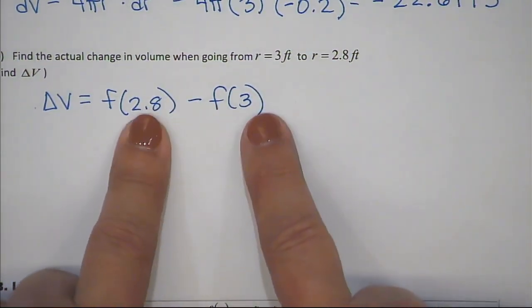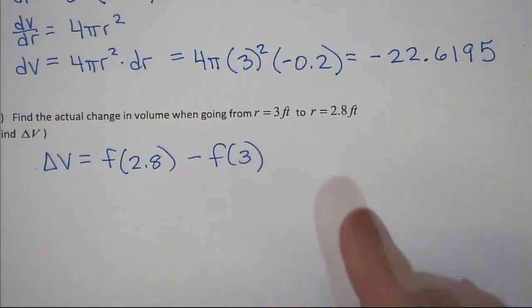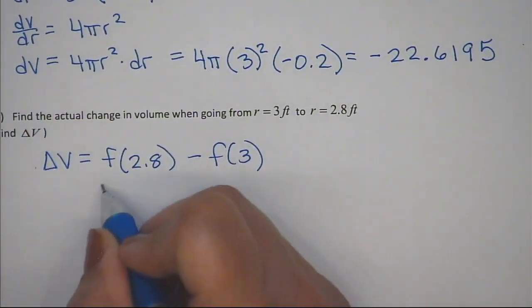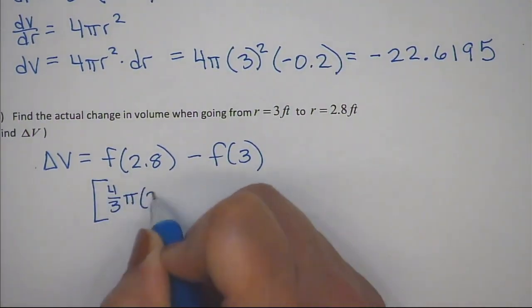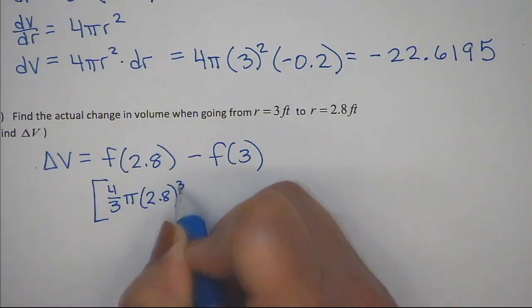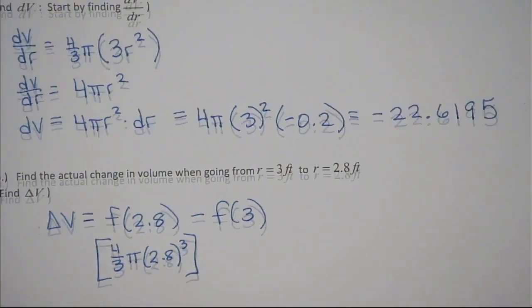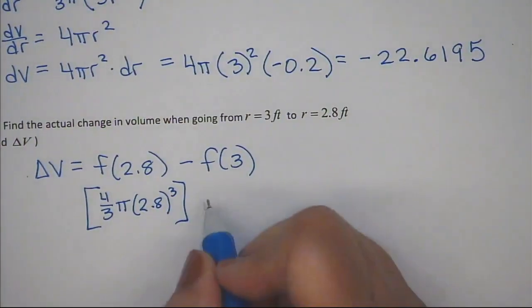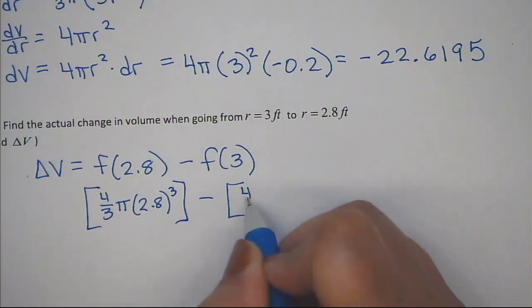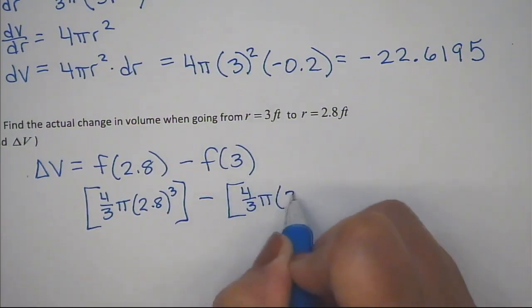Those are our y values, and subtract those numbers. So f of 2.8 is 4/3 pi times 2.8 cubed, plugging that into the original function. And then minus f of 3, which would be 4/3 pi times 3 cubed.